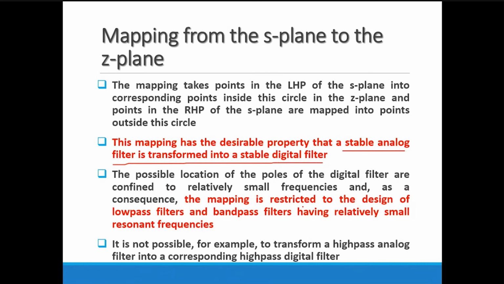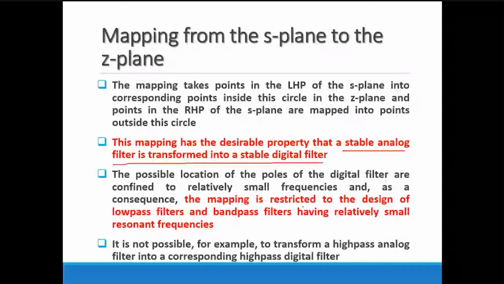You can only design the low pass filter or band pass filter using this particular method, because only small resonant frequencies are involved. For example, it is not possible to transform a high pass analog filter into a corresponding high pass digital filter. Using this mapping method, you are not able to do that.